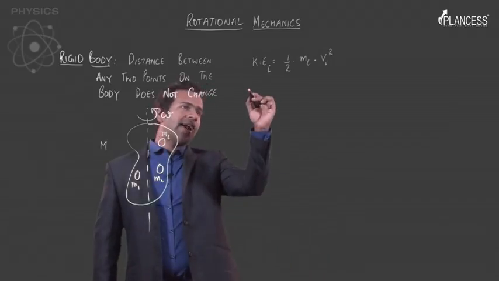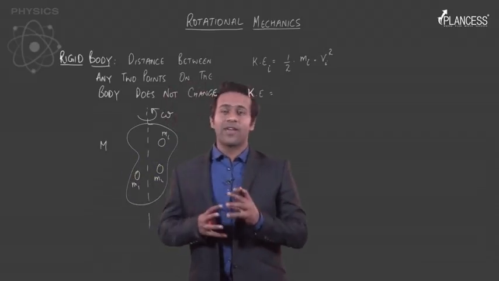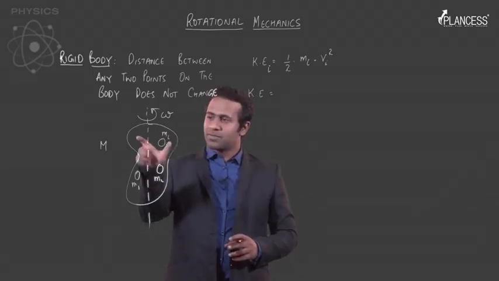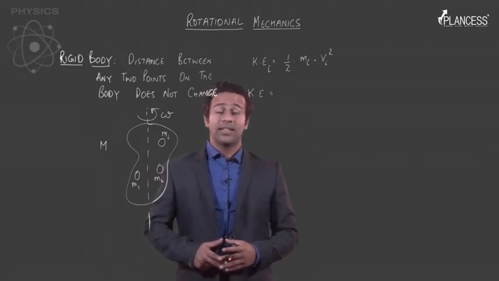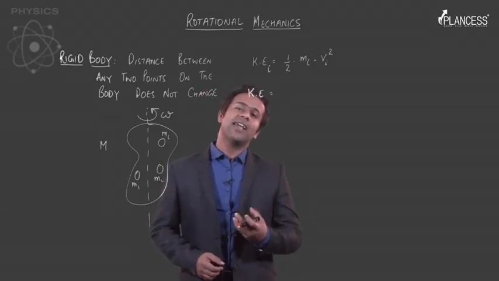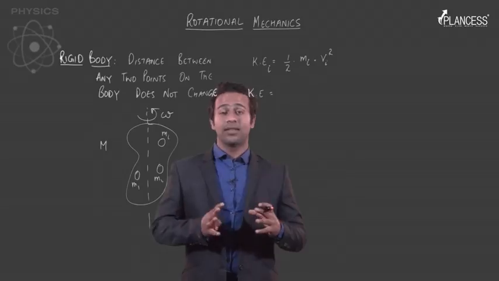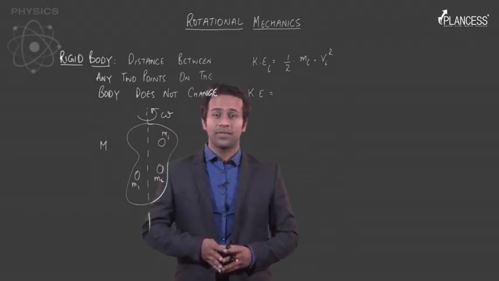So the total kinetic energy logically would be the sum of kinetic energy of all these bodies, right? So if this single rigid body is made up of 10 smaller bodies, then if you find kinetic energy of all of these 10 bodies and add them up, then you get the total kinetic energy for this rigid body, right?